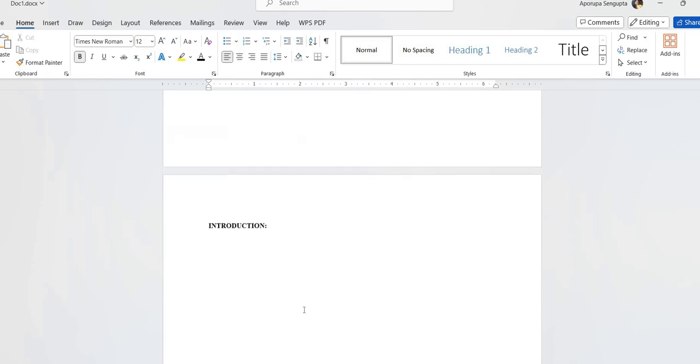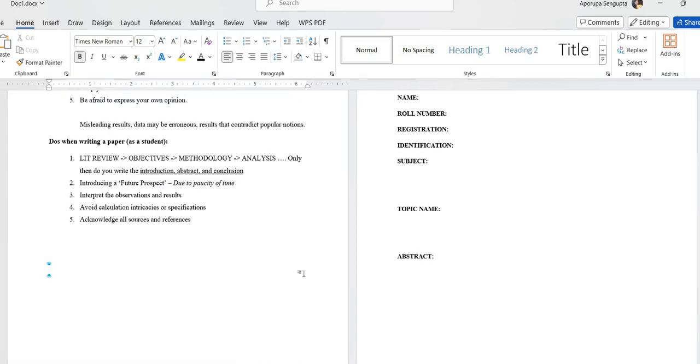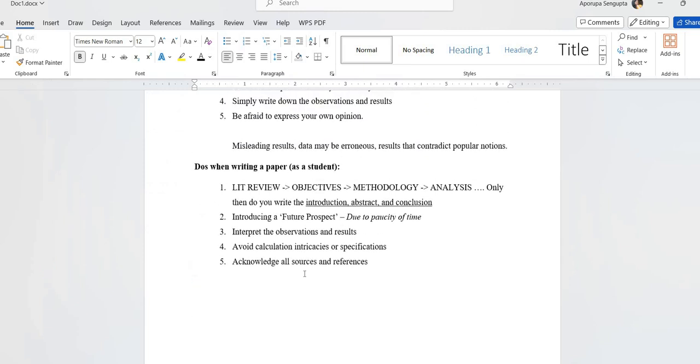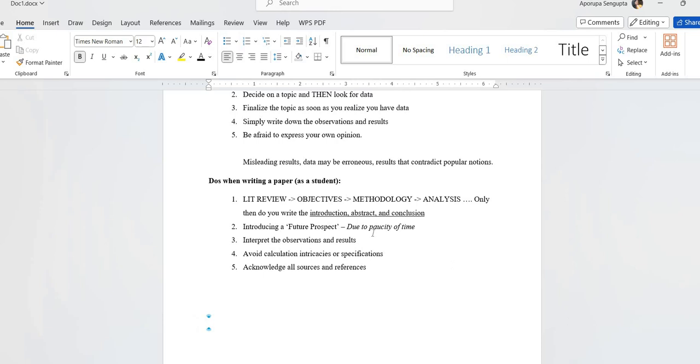Ideally, you would go for reputed journals and papers written by esteemed people, and not websites like Britannica or Times of India, but a couple of sentences maybe won't hurt.